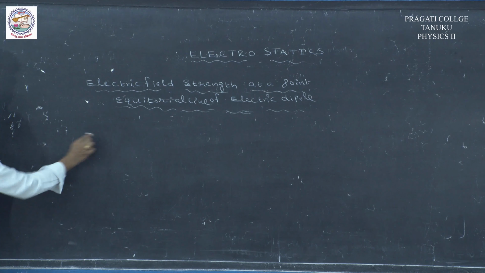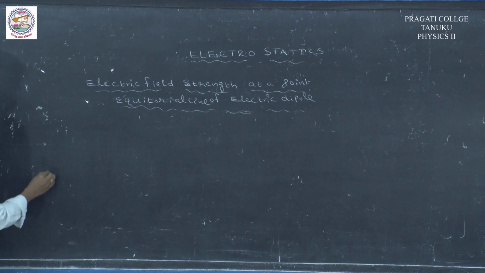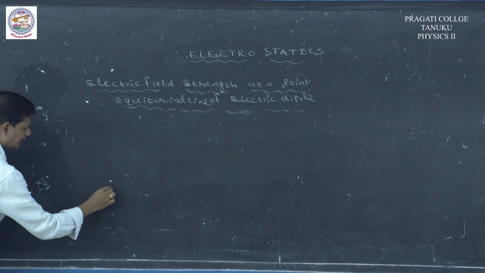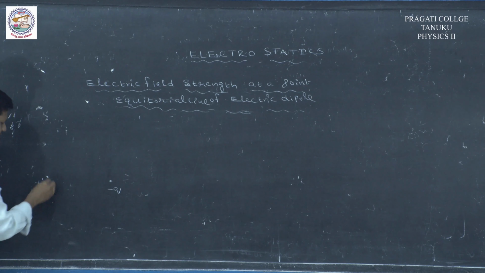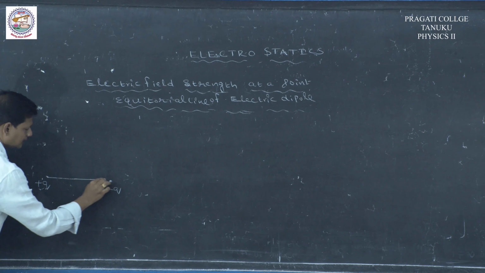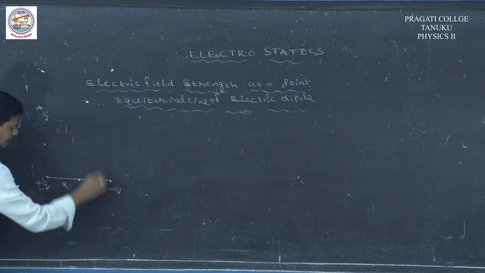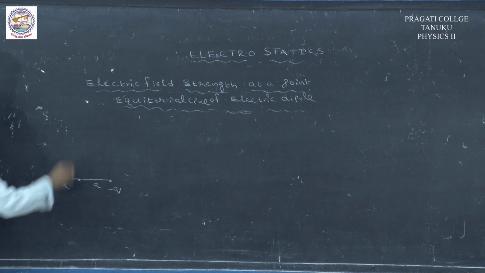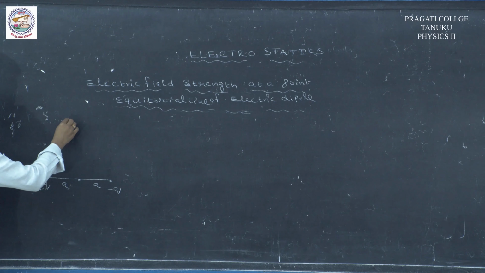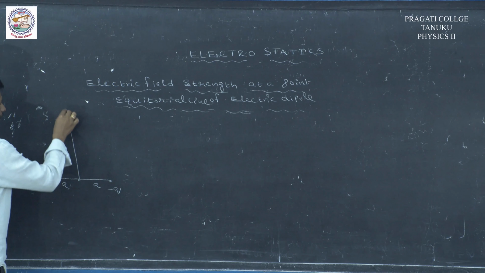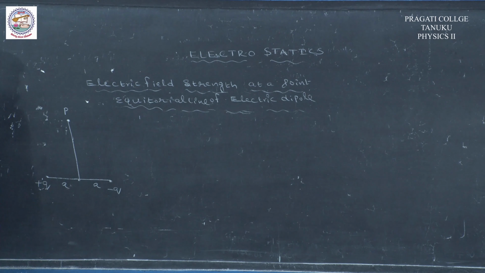Let us consider an electric dipole, that is plus q and minus q, which are separated by distance 2a. Let P be a point on its equatorial line.